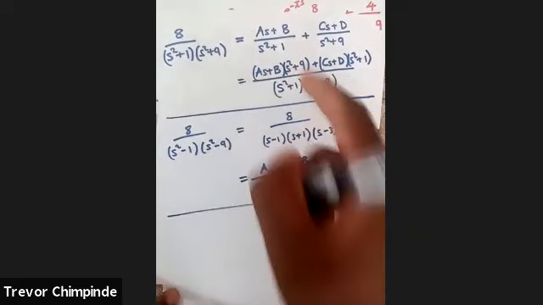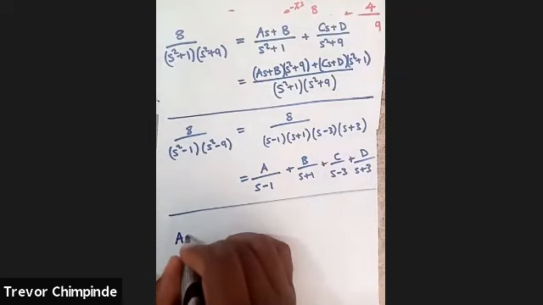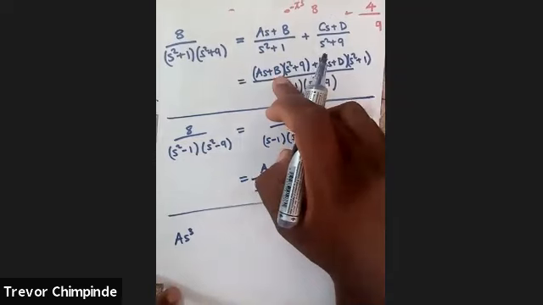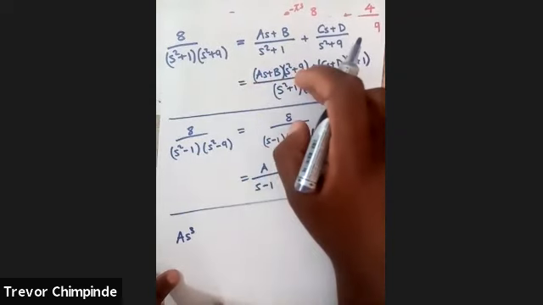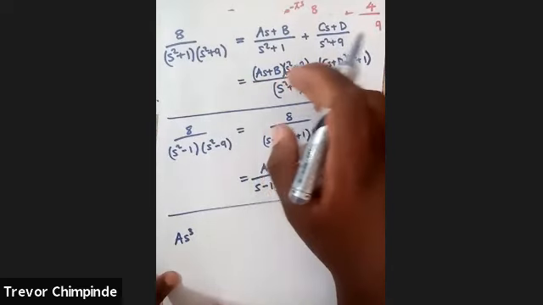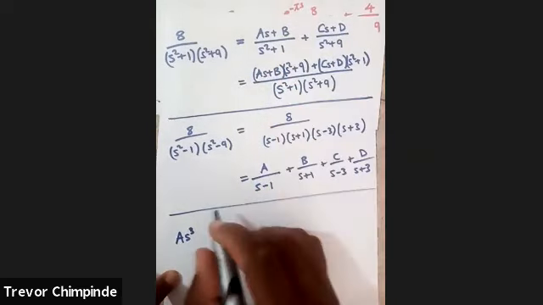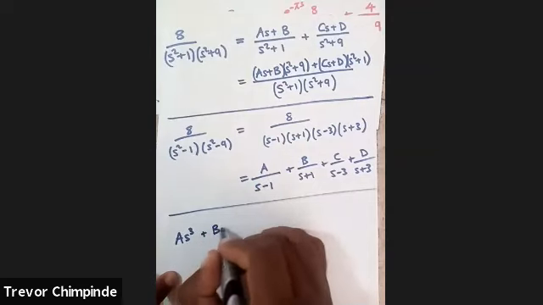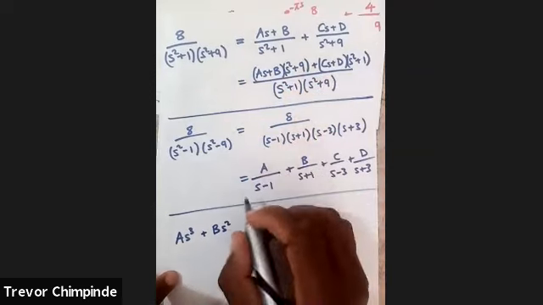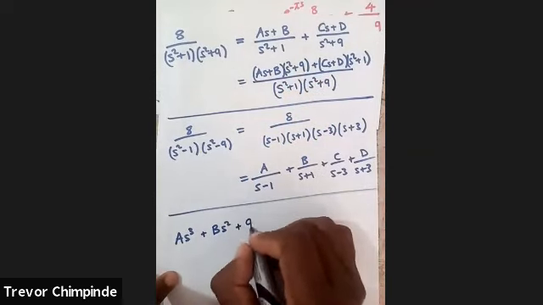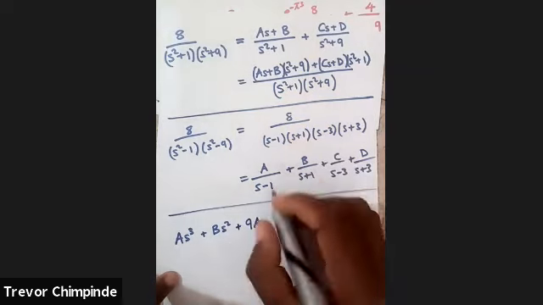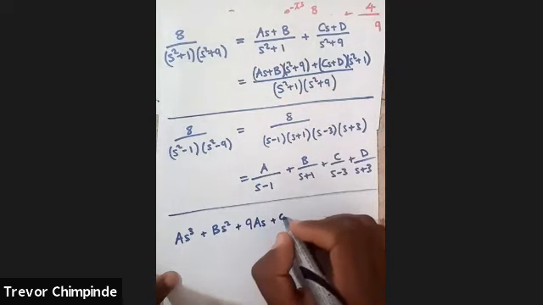So s times s squared is a s cubed, then a times 9 is plus 9as. Then b times this is plus b s squared, and then plus 9b.